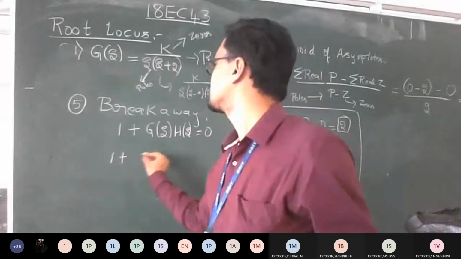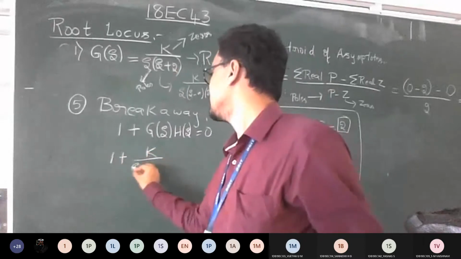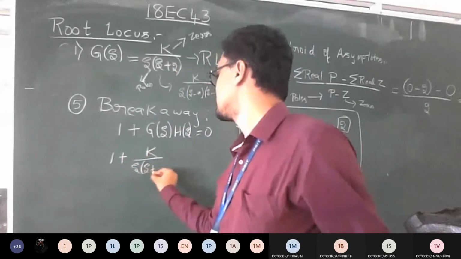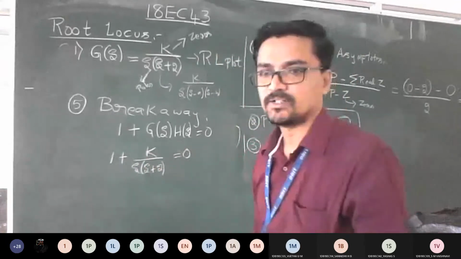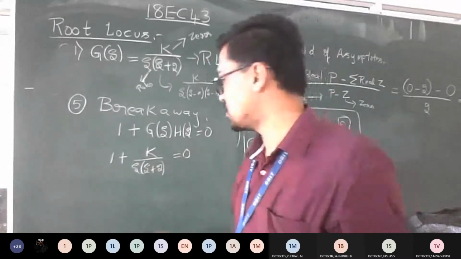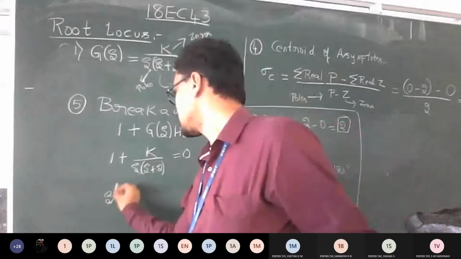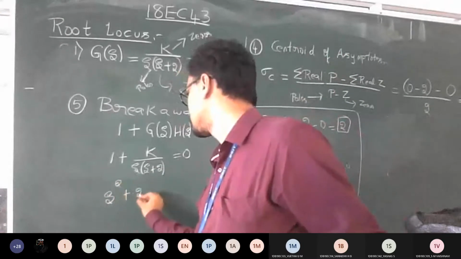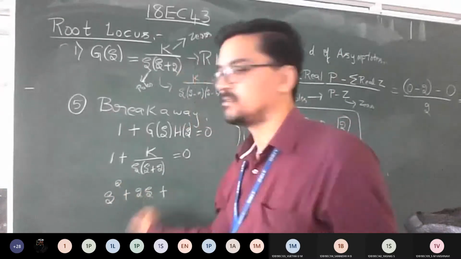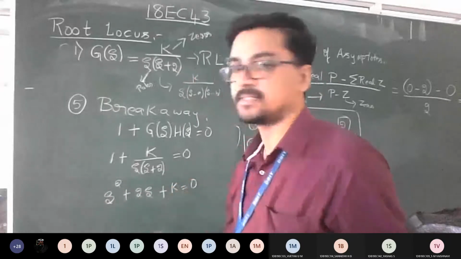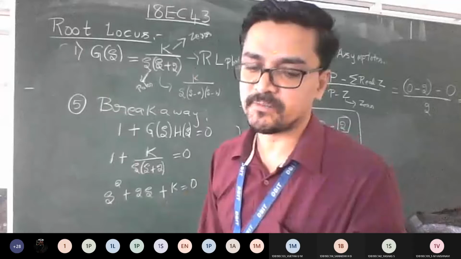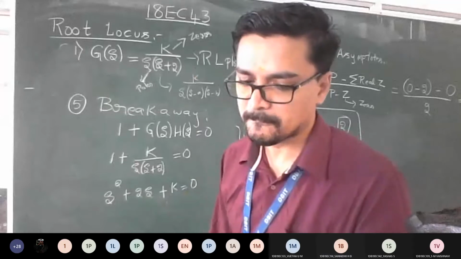So it becomes 1 plus k divided by s into s plus 2 equal to 0. If you take LCM, what is the equation, guys? Is it s square plus 2s plus k? Is it okay till here?